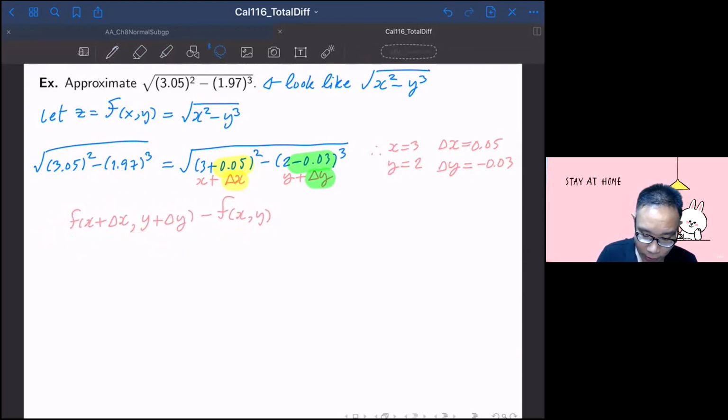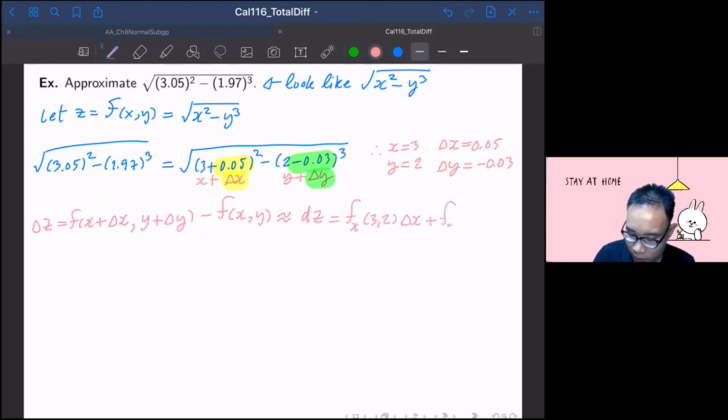So this guy is delta z. And this one can be used with the differential in order to give you the approximation. And this one will be fx at (3,2) delta x plus fy at (3,2) delta y. And in this case, you're going to have f at (3,2).